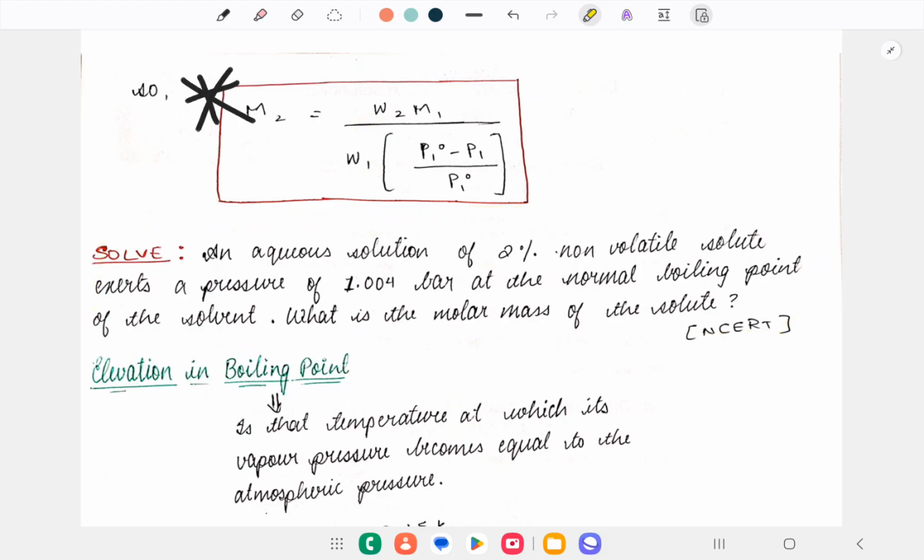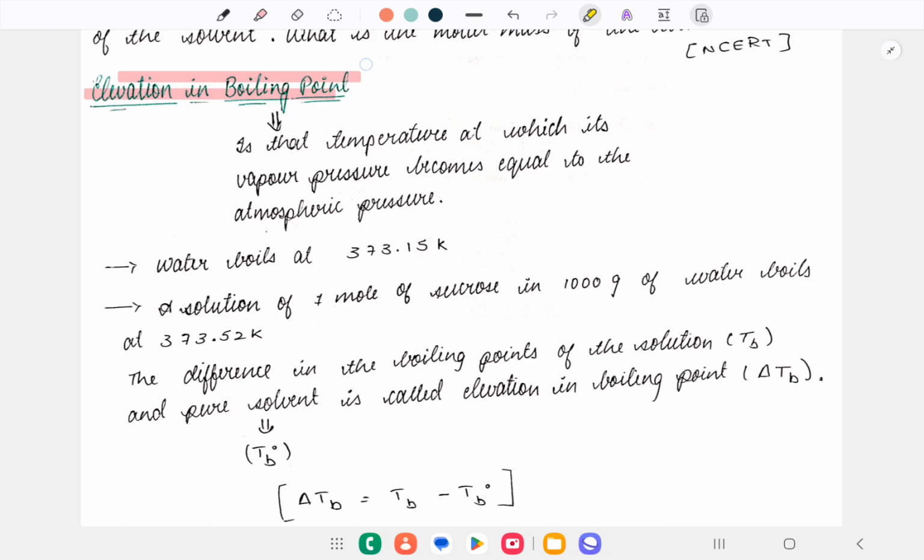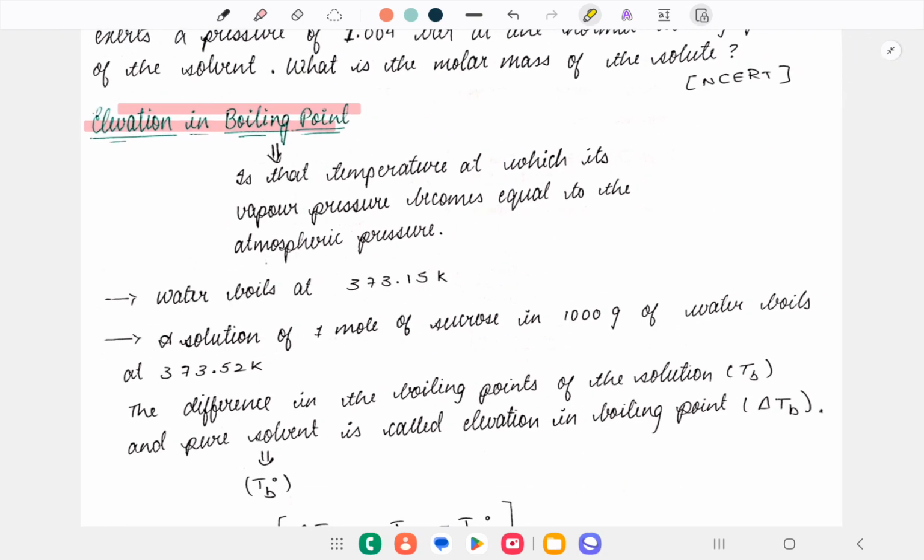Next, moving to the elevation in boiling point. Firstly, what is boiling point? The boiling point of a liquid is the temperature at which its vapor pressure becomes equal to the atmospheric pressure.